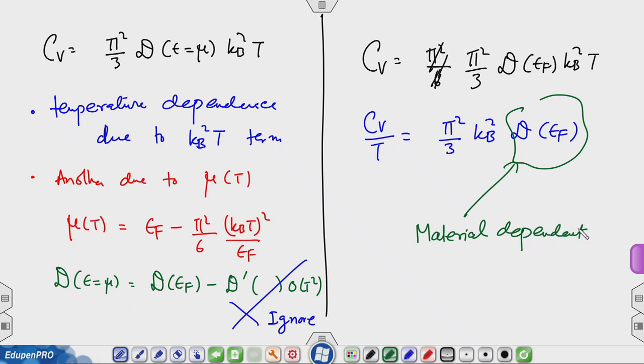The others are constant, and this is called gamma. So, C electronic is equal to gamma T. It varies linearly with temperature at low temperatures.